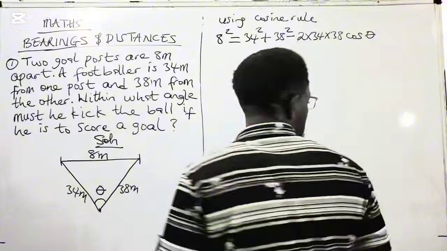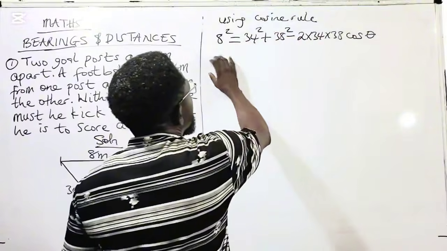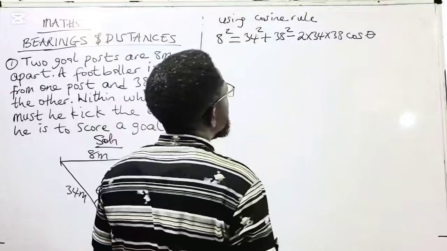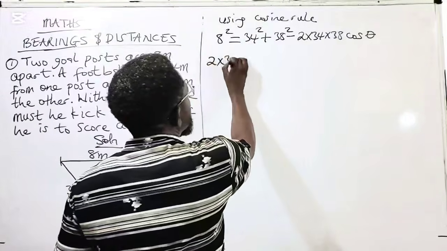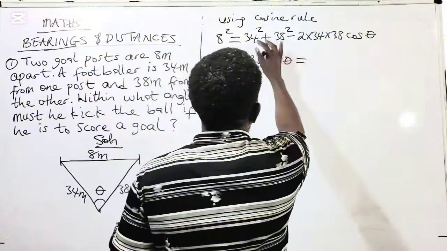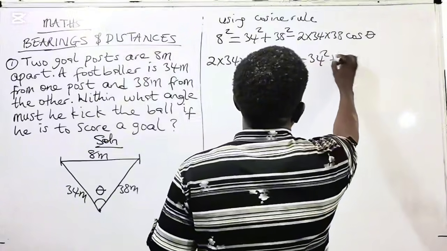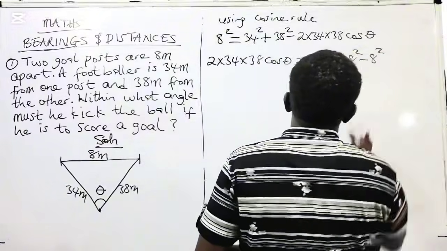To get the value of theta, you can take everything to one side, so that we have 2 times 34 times 38 cos theta equal to 34 squared plus 38 squared minus 8 squared.